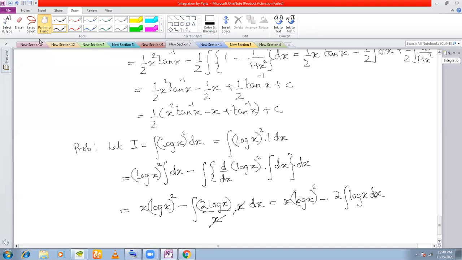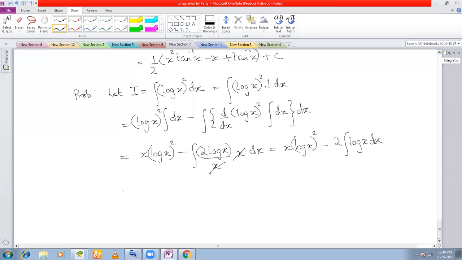Next, x log x whole square remains as it is, minus twice. Now how do you integrate log x? Same by parts.